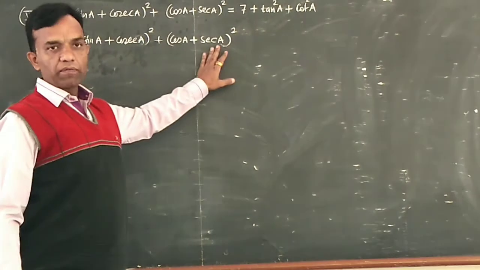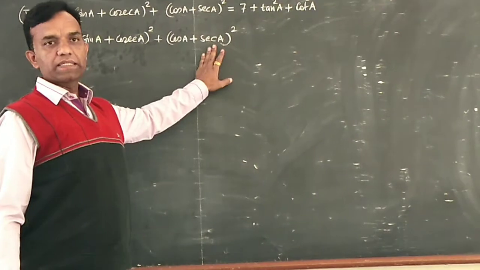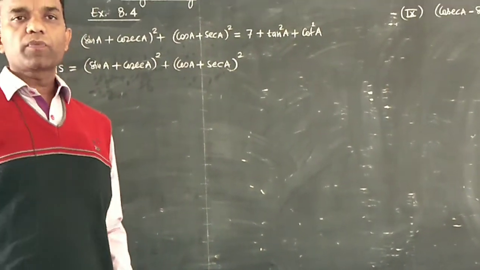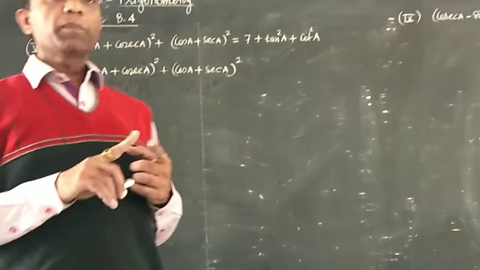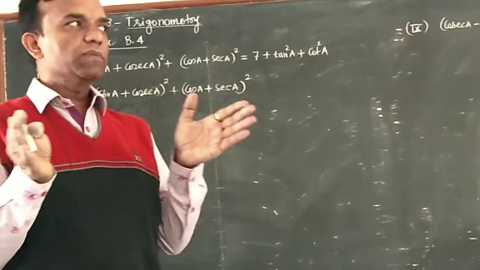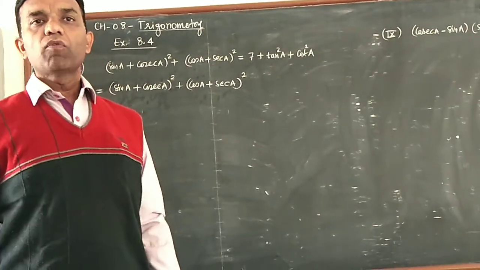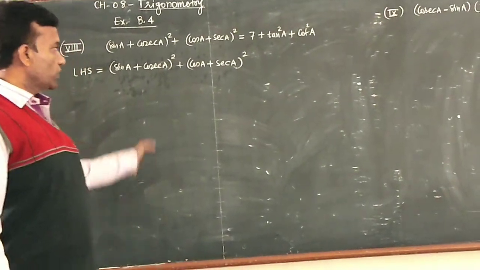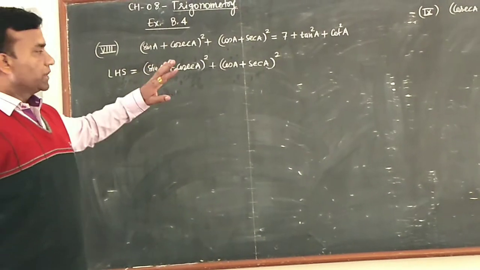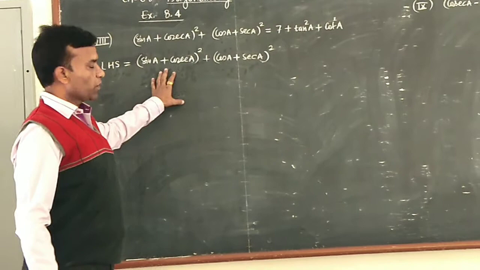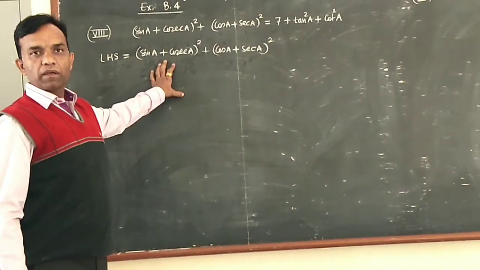Similarly sec terms are given here, cos and sec. If we square here, we know the formula of a plus b whole square, a square plus b square plus 2ab. It means both terms are now multiplied. If they are multiplied, then the result is 1, because yesterday also we showed this type of identity. If a trigonometric ratio is always together with its reciprocal value, then the result will always be 1.